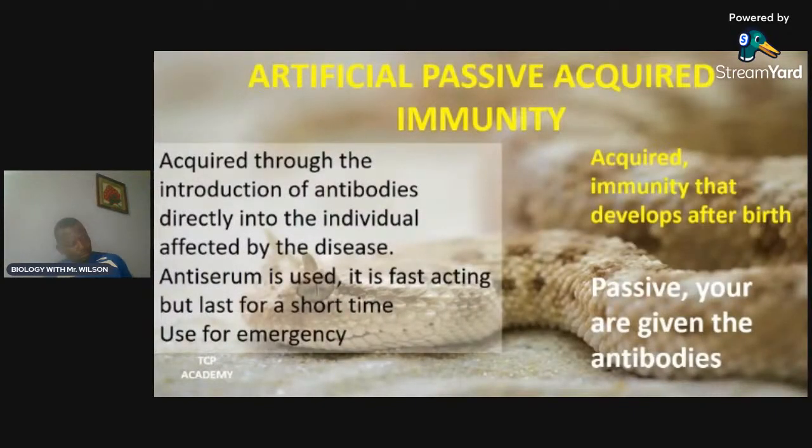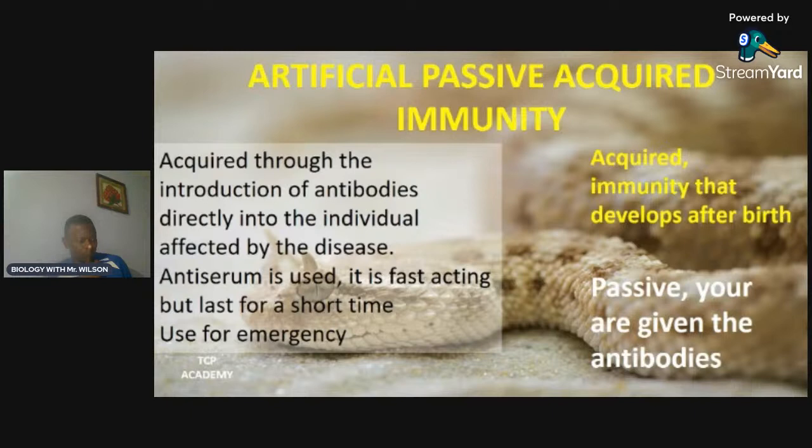Now, artificial passive acquired immunity. Artificial here means human influence. Passive meaning that the person was exposed to the antibodies and not to the disease. So here the person would have been given the antibodies because it's passive, and acquired meaning that this resistance, this immunity, actually developed after birth.